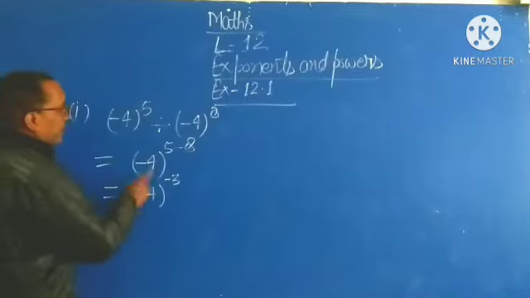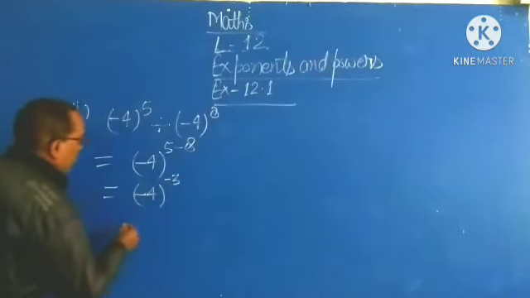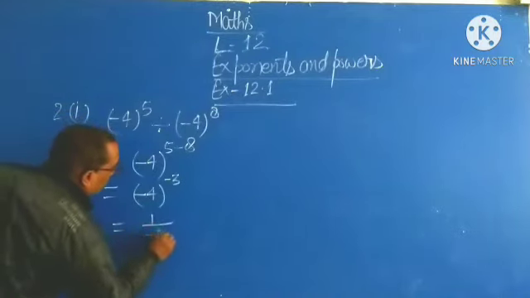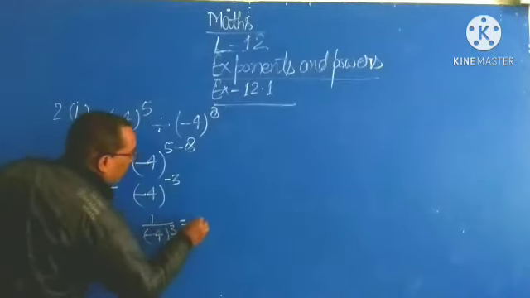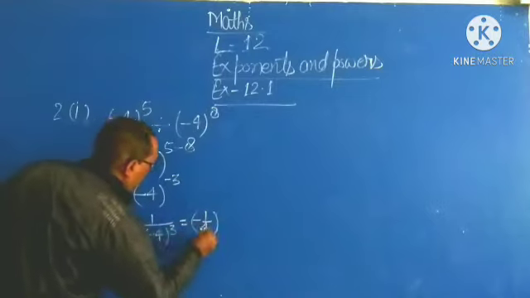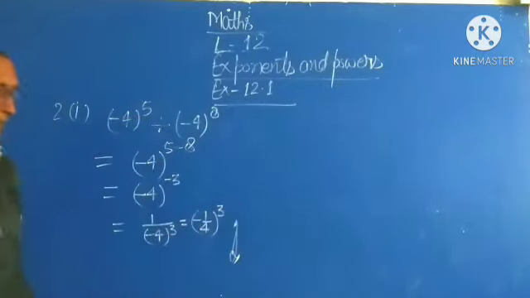Then you convert this negative exponent into a positive exponent. You write down 1 upon minus 4 to power 3. You also write this in the form of 1 upon minus 1 upon 4 to power 3. It is your answer.